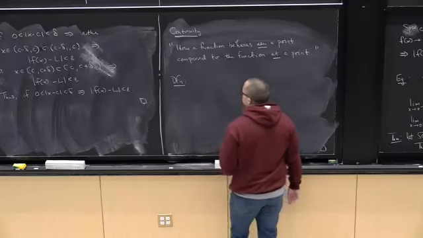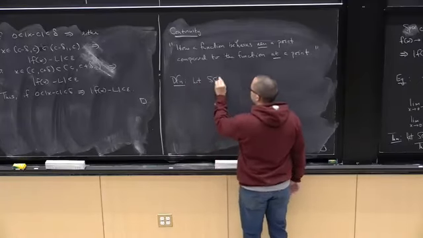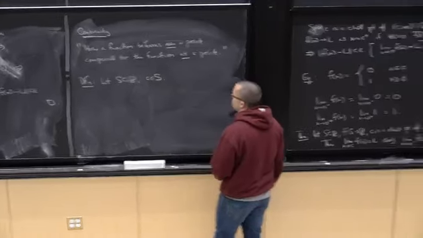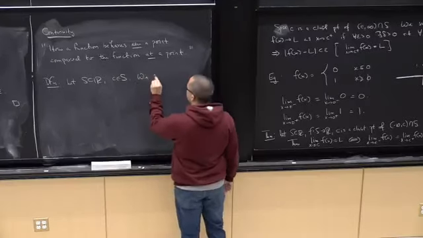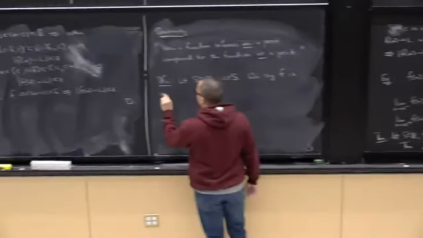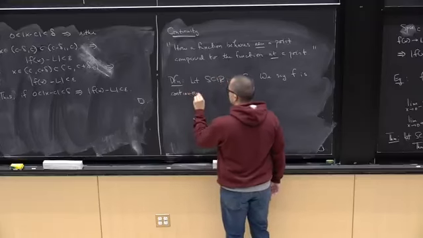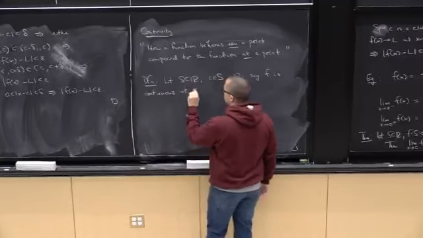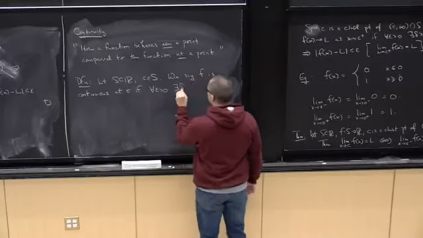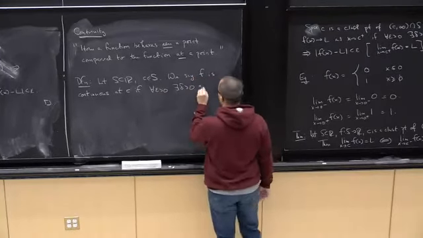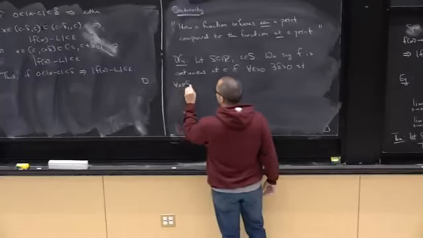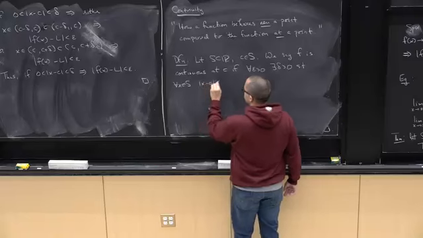So we have the following definition. Let S be a subset of R and c an element of S. Okay? We say f is continuous at c if, for all epsilon positive, there exists a delta positive such that for all x in S satisfying |x minus c| less than delta.